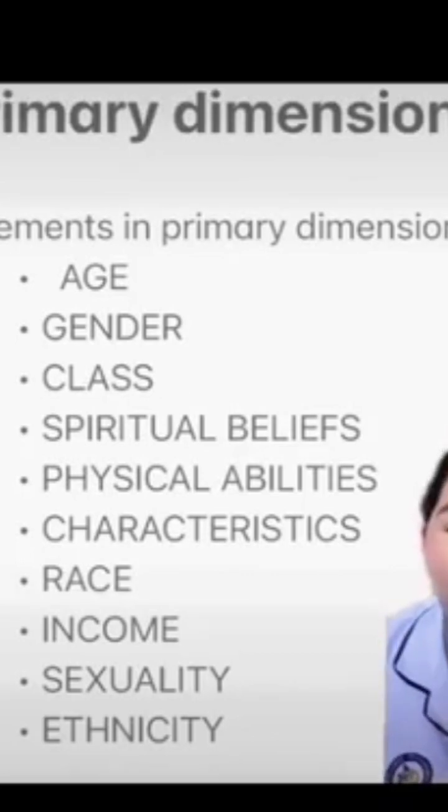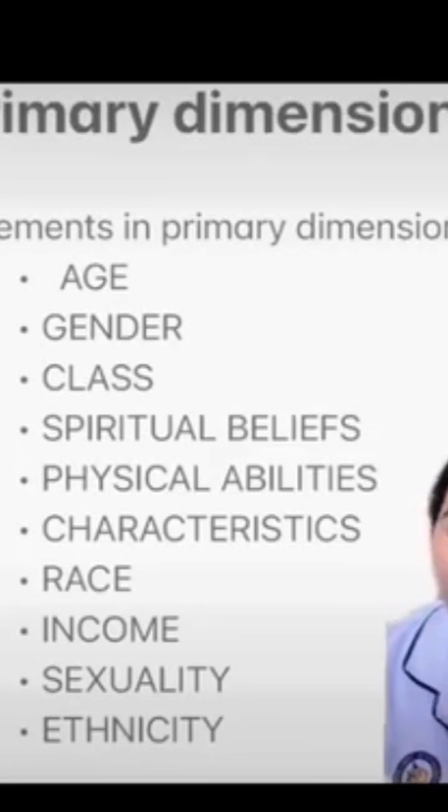Core elements in primary dimensions are age, gender, class, spiritual belief, physical abilities, characteristics, race, income, sexuality, and ethnicity.